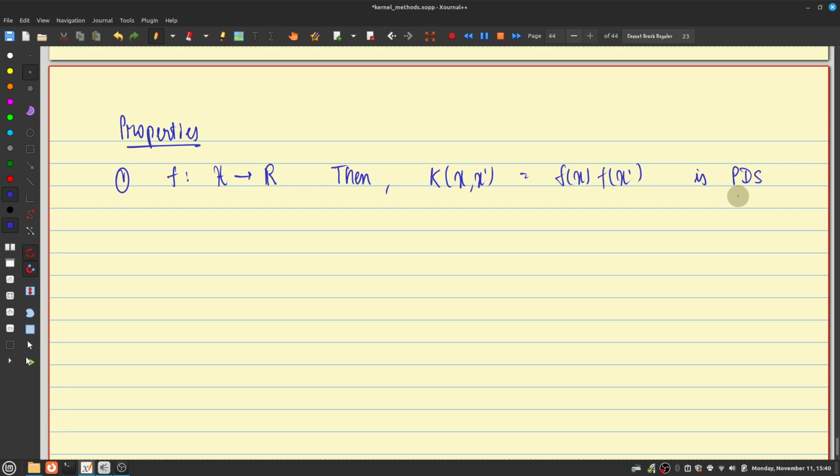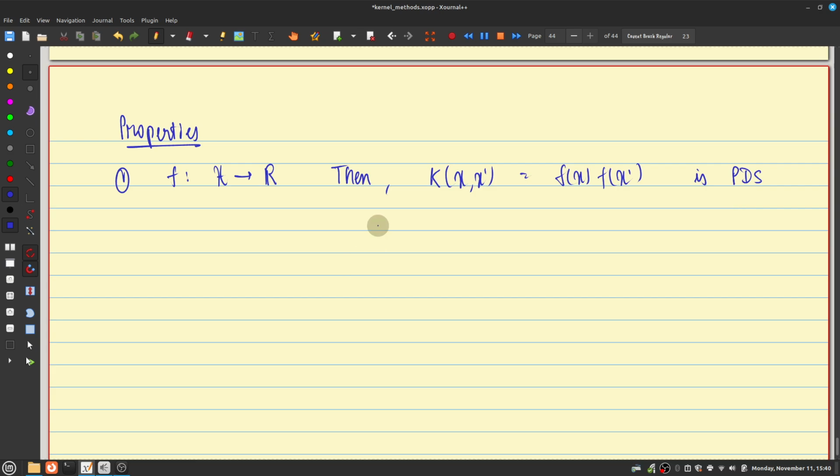Why? f can be any arbitrary function. How do you go about showing this? First, is it symmetric?